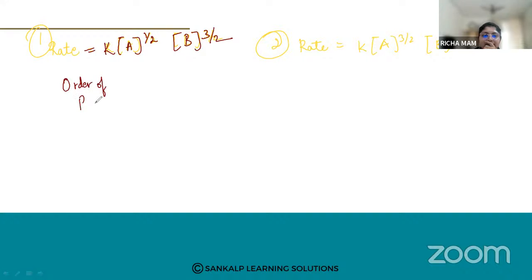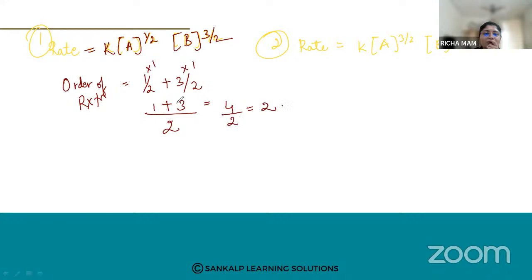So you have to take the sum of these powers. So it is half plus 3 by 2. Taking the LCM, it is 2. Then 1 plus 3 is 4, so it is 4 by 2, which is equal to 2. So the order of reaction is 2.